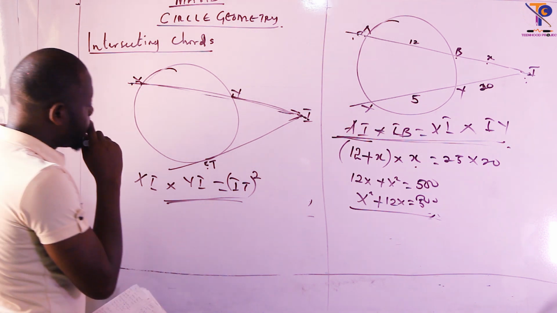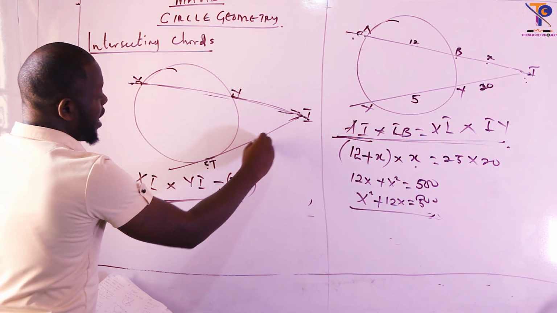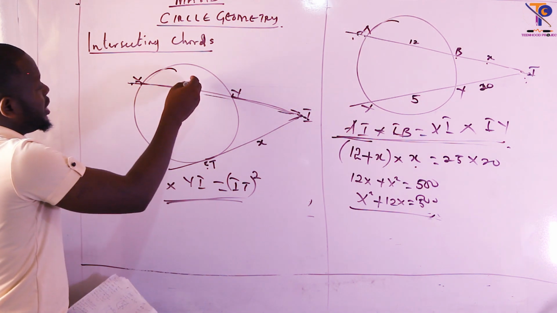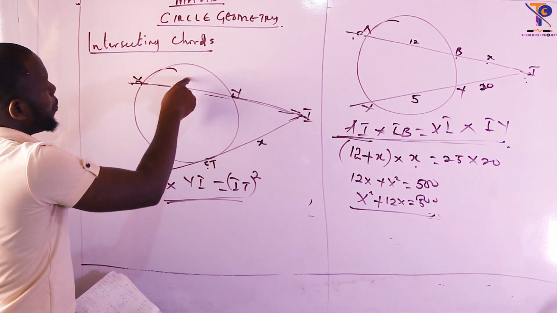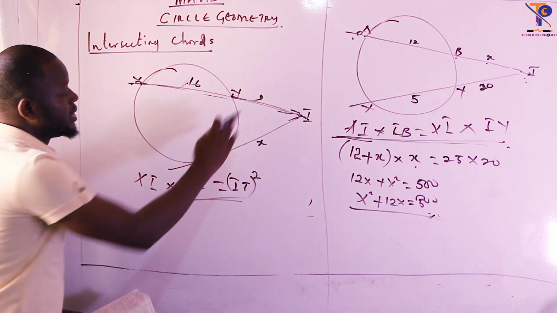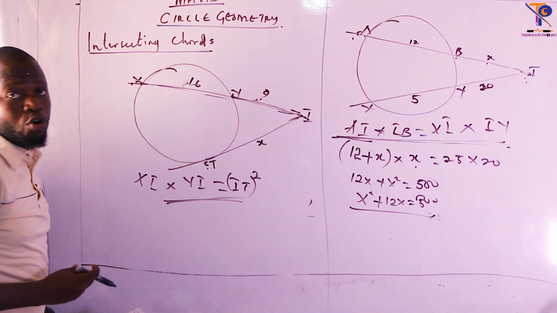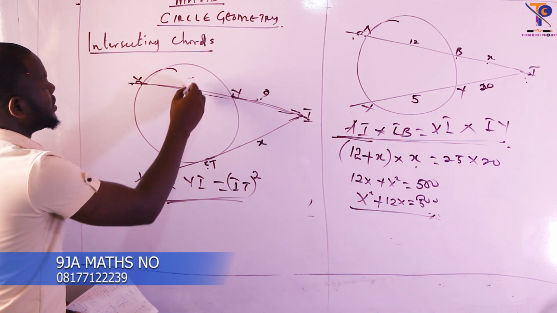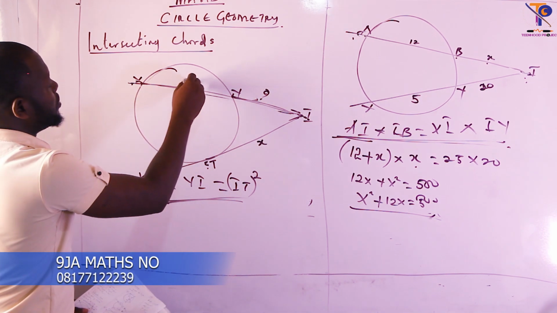If you are solving for x here and you have, let's say, 16 here, we have 9 here, for instance. I'm just citing an example. Let me say we have 7 here.